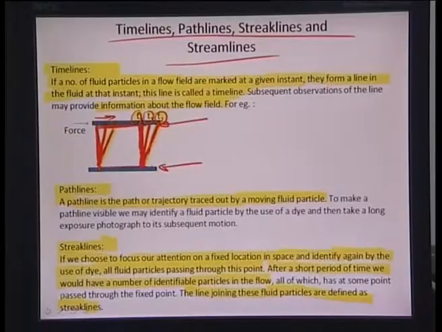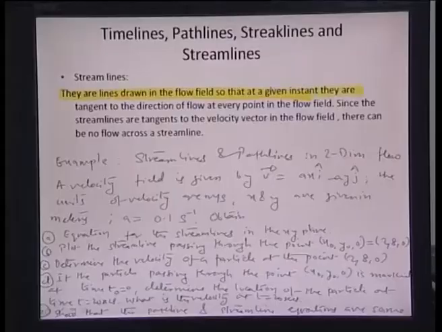So, we have already seen what a timeline, path line and streak line would be, and they all have different connotations. You could use these to explain fluid flow behavior or motion of molecules in continuum fluid mechanics very easily. The other very interesting factor is streamline. So, what are streamlines? Definitionally, they are lines drawn in the flow field, so that at a given instance they are tangential to the direction of flow at every point of the flow field.